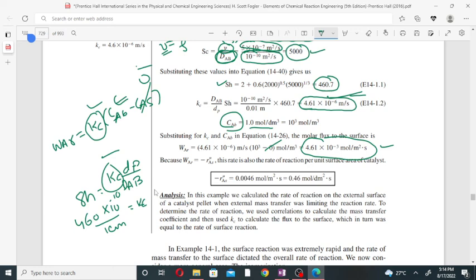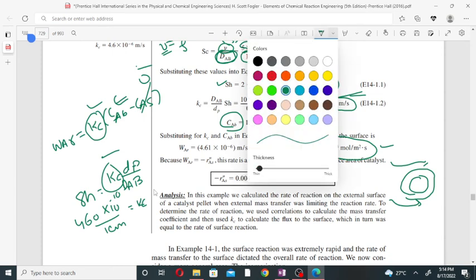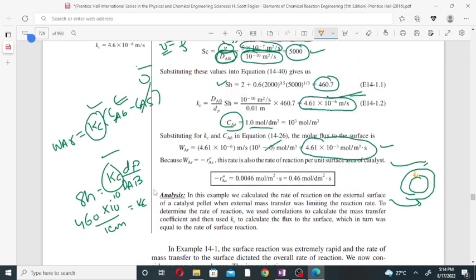This is the catalyst, this is the hydrodynamic boundary layer, and this is the liquid. This is component A. It means that as component A reaches the surface of the catalyst from the hydrodynamic boundary layer, it instantly converts into component B, and the rate of conversion of component A at the surface of the catalyst will be equal to the flux of component A flowing in the radial direction, which is WAR.